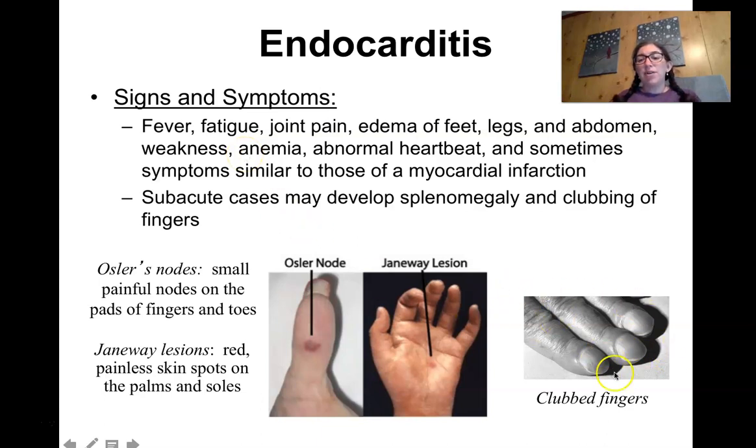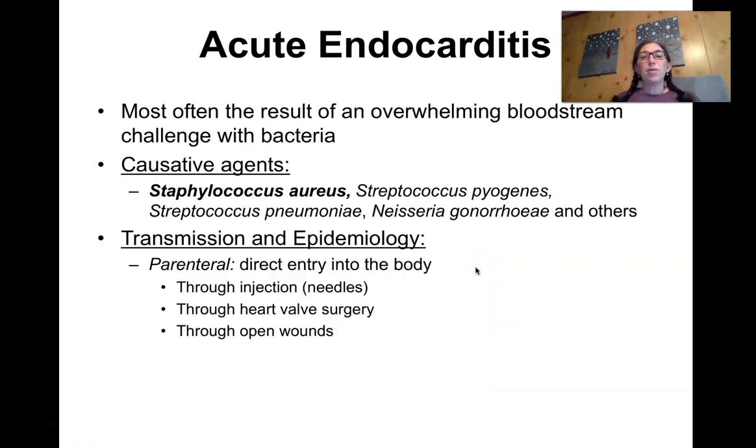Another sign of endocarditis is something called clubbed fingers, where the ends of the fingers take on this sort of swollen, bulbous shape. And these lesions on the hands are also signs of endocarditis. I don't know why endocarditis leads to these lesions, but they can be a clinical sign of endocarditis.